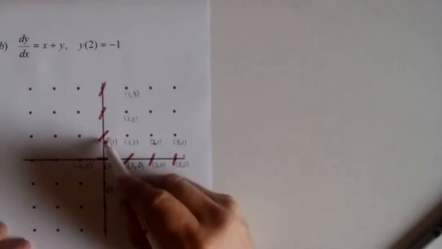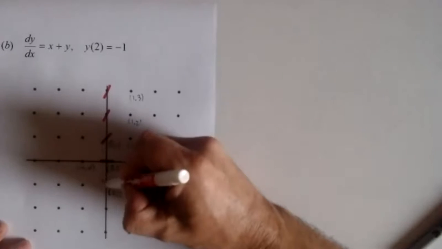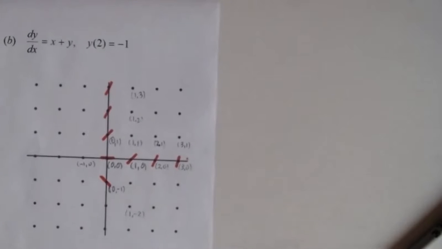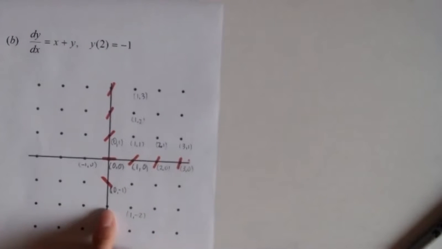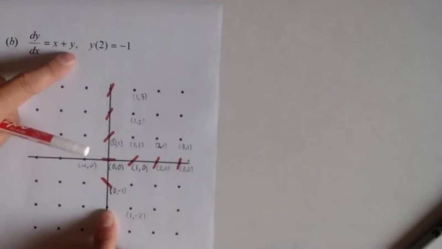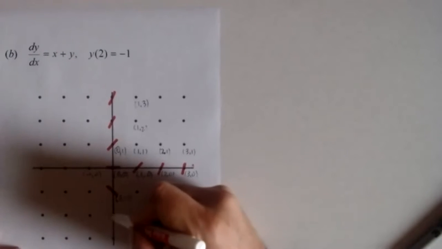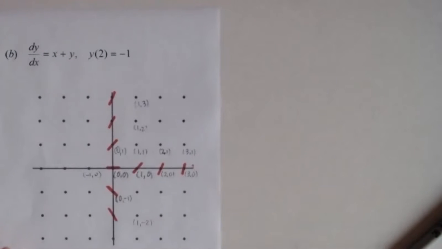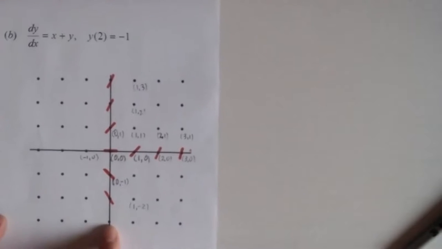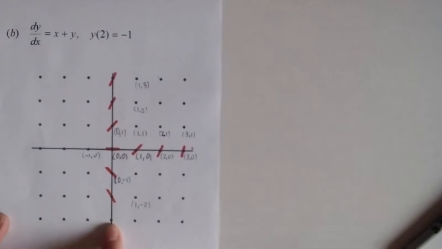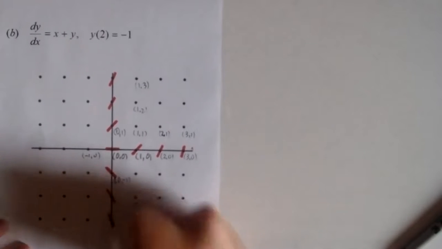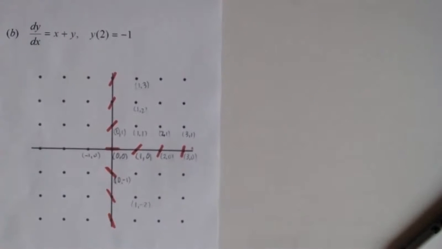So I'm going to use the -1. So I'm going to represent this something like that, correct? That's a -1 slope. The next point again, this is 0, -2. What is the slope right there? 0 plus -2, which is -2. So something steeper in the negative direction. And this is the point 0, -3. So this is 0 plus -3, which is -3. So this is like this, correct?